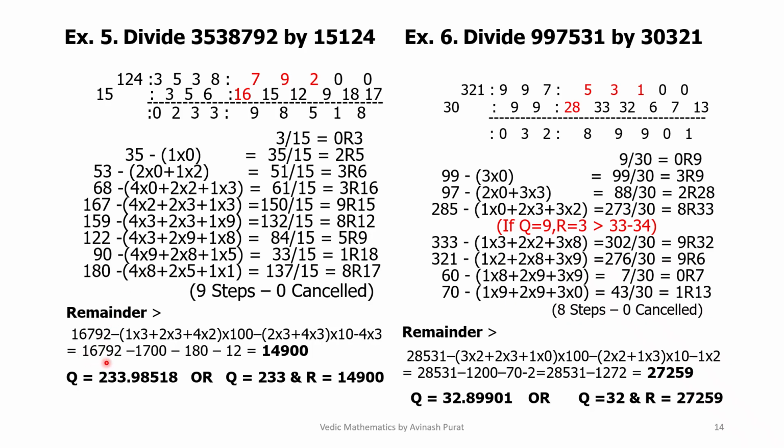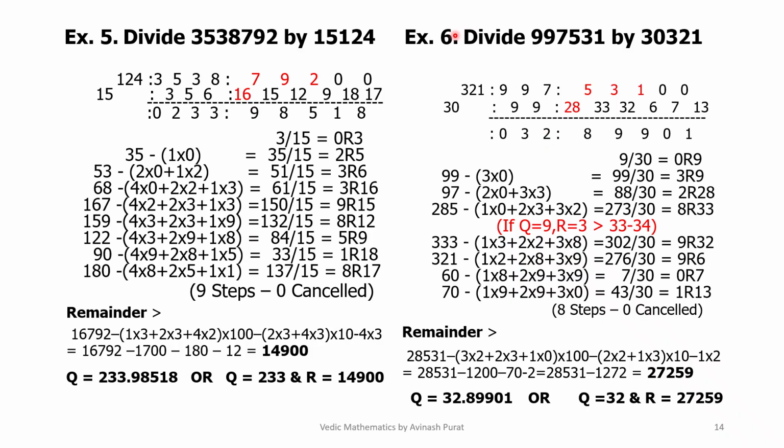That is equal to 16792 minus 1700: 3 plus 6, 9 plus 8, 17, 1700, minus 6 plus 12, 18, 18 tens are 180, minus 12. So the answer is 14900. The quotient is 233.98518, or quotient is 233 and remainder is 14900.